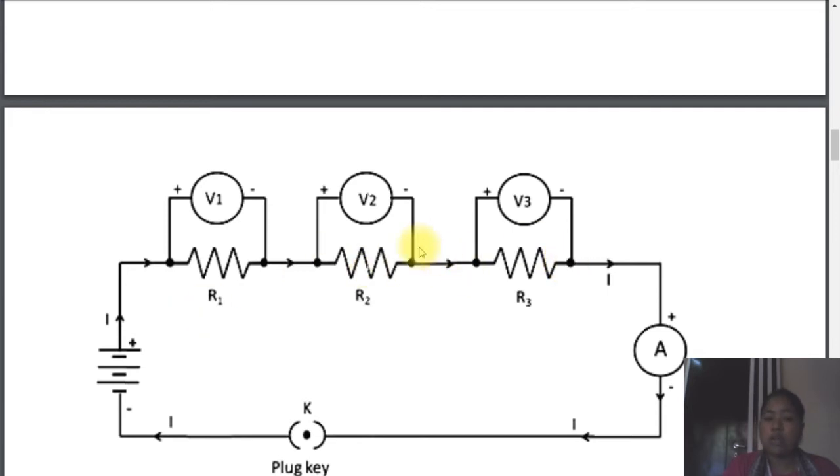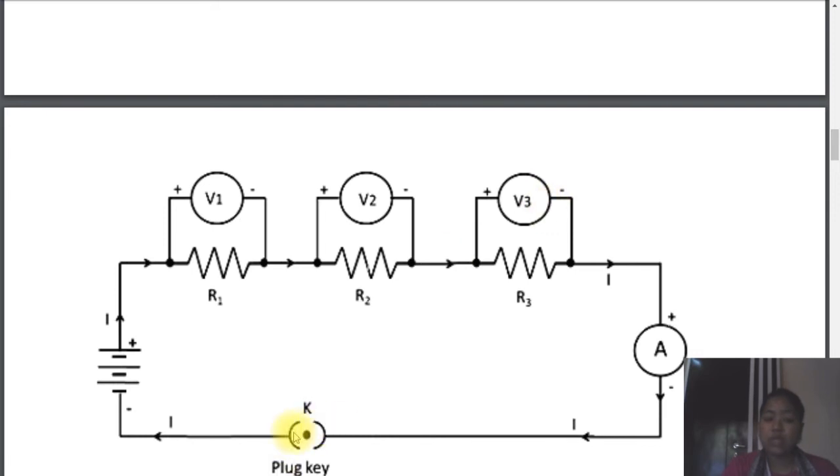In between we do not have any voltmeter. So when we close the circuit and calculate the potential, that gives us the potential across R1, R2 and R3 in combined form. And that value is the sum of V1, V2 and V3.